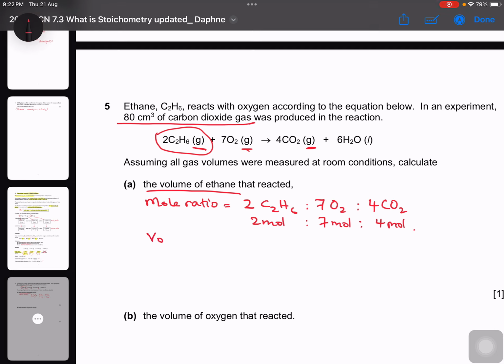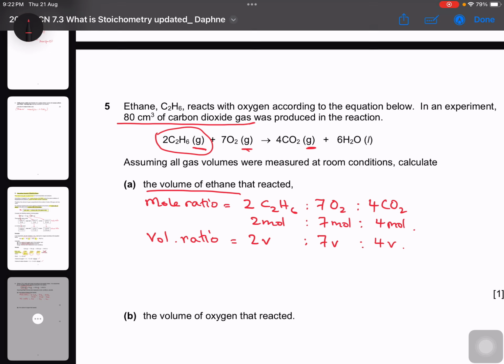Now we say that mole ratio is equal to volume ratio, and we represent volume as V. So this will be 2V is to 7V is to 4V. Agree? Now, what is given?